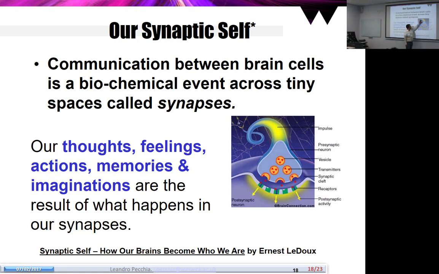So this is an electrical stimulus, but when it arrives here, there are some vesicles which get opened, controlled by that electrical stimulus, and release some chemical substances which are neurotransmitters.